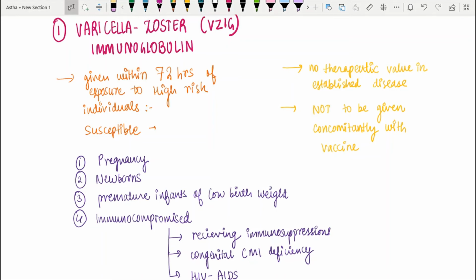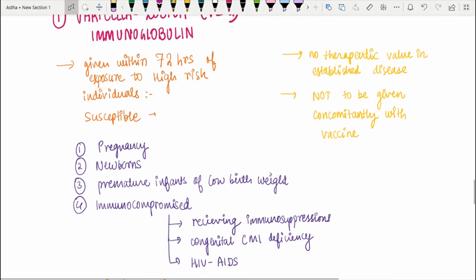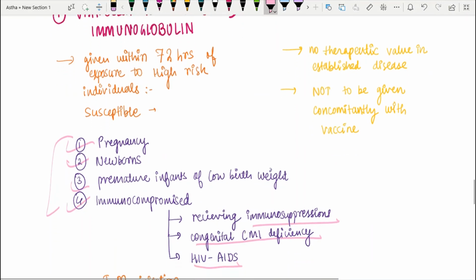Or if within 5 days after delivery the mother develops chickenpox, then also the newborn should be given varicella zoster immunoglobulin. Then premature infants of low birth weight, and finally immunocompromised, that is those receiving immunosuppression, congenital cell mediated immunity deficiency and HIV AIDS. So these people should receive immunoglobulins.